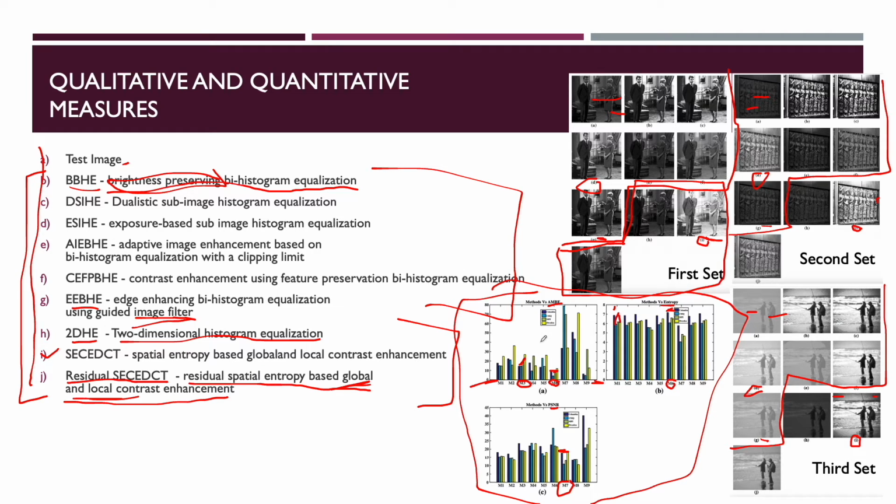EEBHEGF produces a better result in terms of brightness preservation, discrete entropy, preservation of the structural information, and image perceptual quality. 2D methods resulted in better contrast improvement in terms of CII, SO, and contrast, which refers to the residual SECEDCT method.